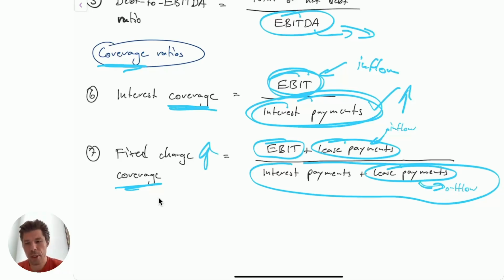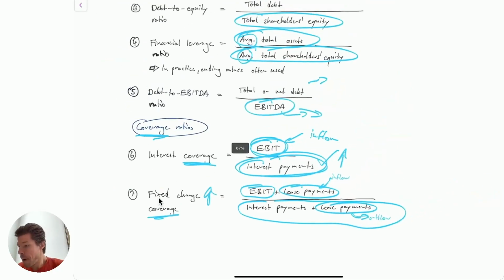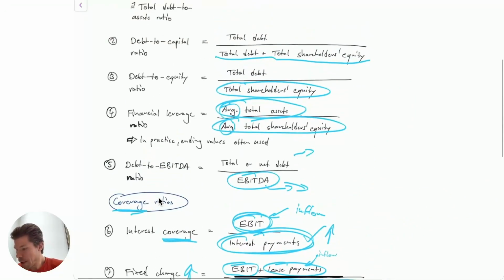So there are more, especially when we talk about private equity, leveraged buyout cases. It's really important to understand how much free cash flow we can generate to cover our debt obligations, be it interest payments and principal repayments. But these are the main ones.